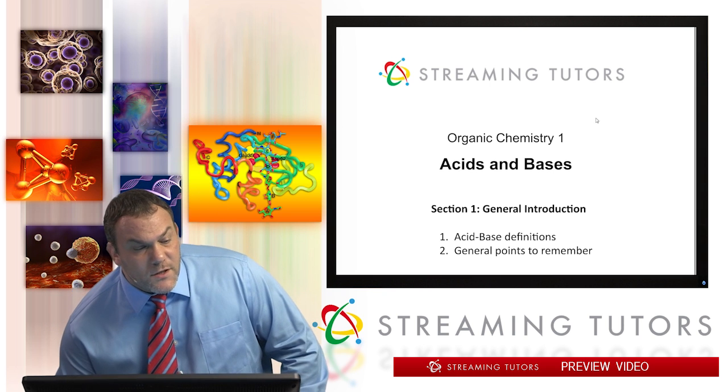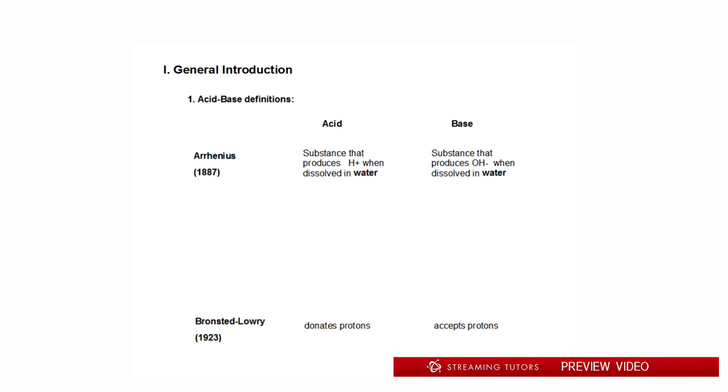So let's get started. The first thing we want to do here is talk about, as always, a general definition of what an acid or a base is. There are three that we're going to discuss, one out of respect, and the other two are actually very important for our studies. When we look at Arrhenius, the first definition, we don't really use this definition anymore.